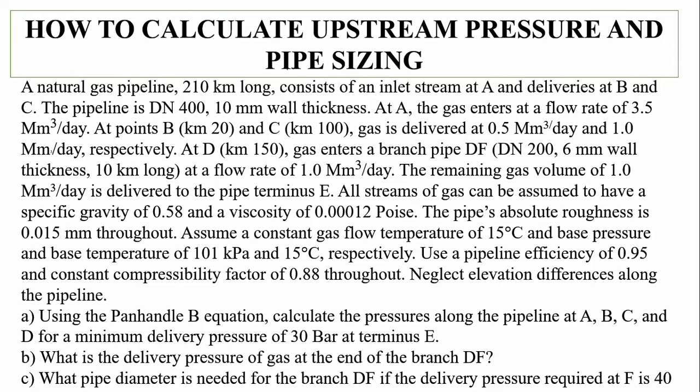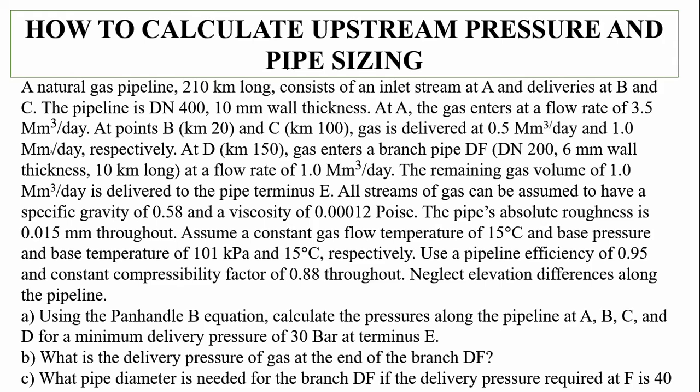Now, using the Panhandle B equation, calculate the pressure along the pipe at A, B, C, and D for a minimum delivery pressure of 30 bar at terminus E. What is the delivery pressure of the gas at the end of the branch DF? What pipe diameter is needed for the branch DF if the delivery pressure required at F is 40 bar?